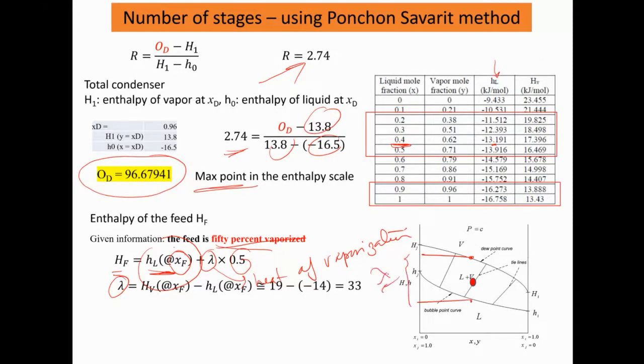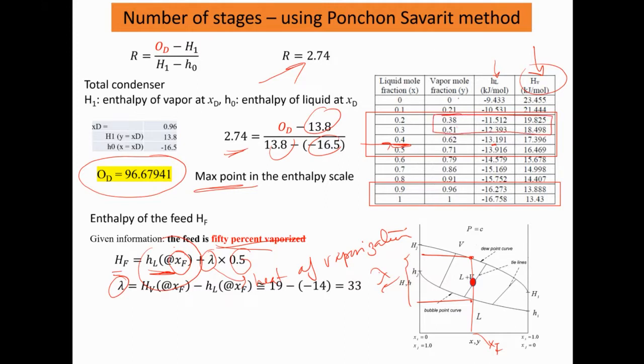That will represent lambda, and both are at X feed, as you know. Now you go to this to get the enthalpy of saturated vapor at 0.45, and sorry, that would be here at 0.45. That means it's going to be here.